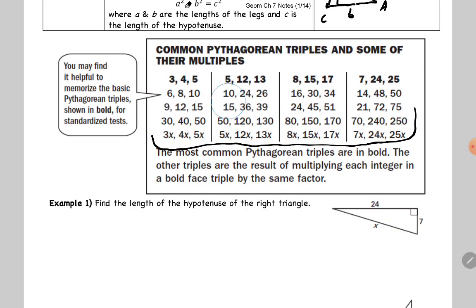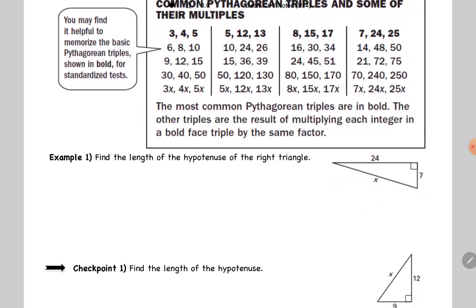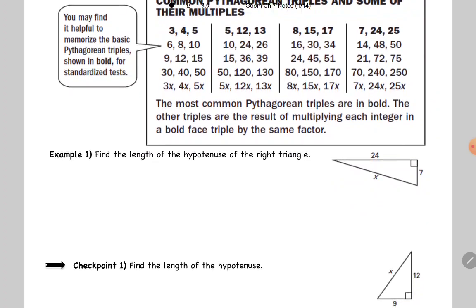But we're not going to use this chart. This is just helpful to make sure that you're doing it right. We need to practice solving these mathematically. So we know that this is 25, and we're going to see how we would do that mathematically.